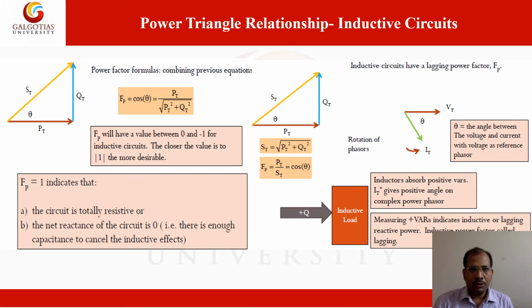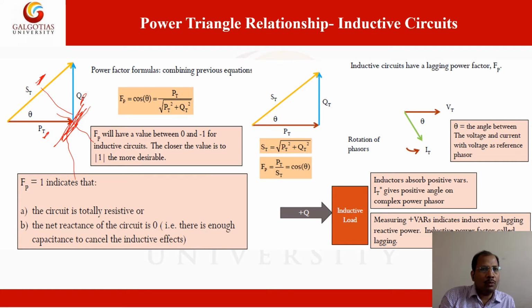Here we are going to discuss the power triangle relationship for an inductive circuit. This is the power triangle. This is the apparent power, this is the reactive power, and this is the active power.